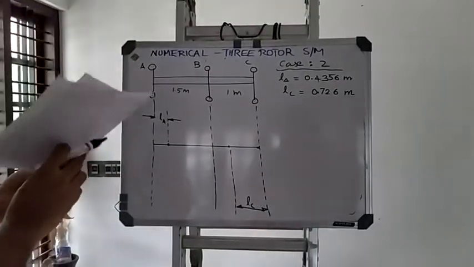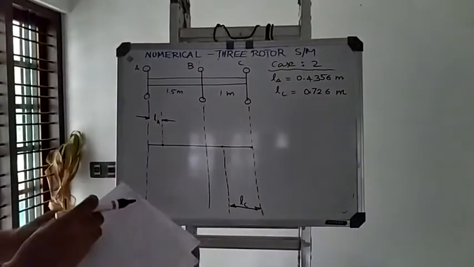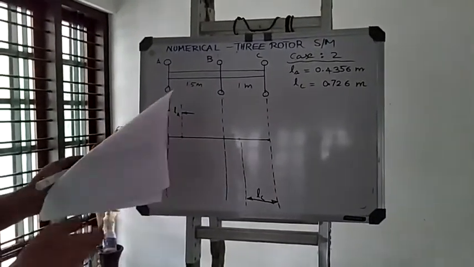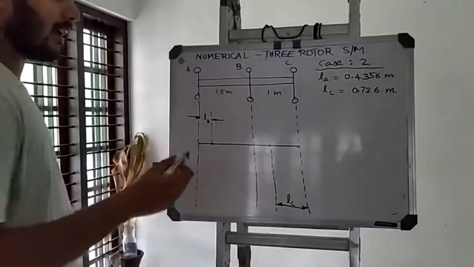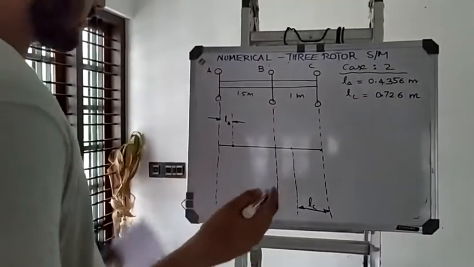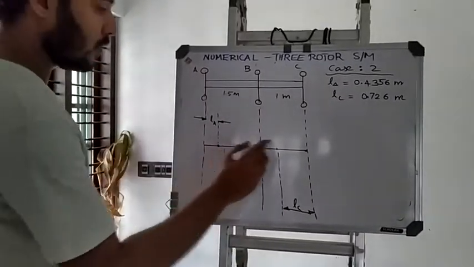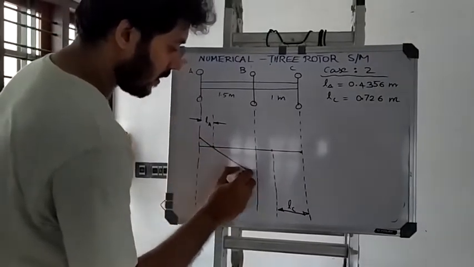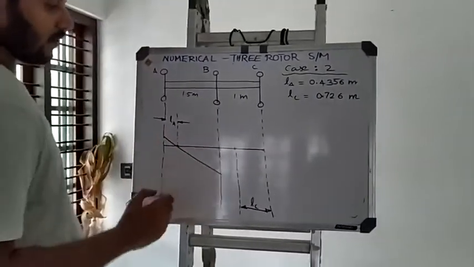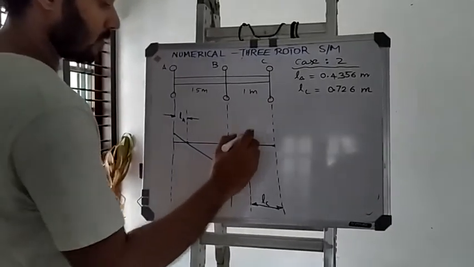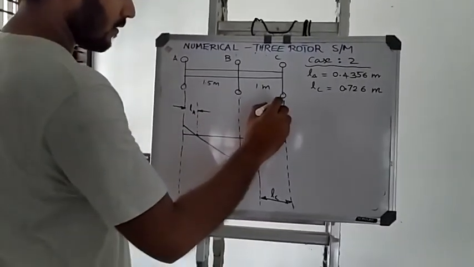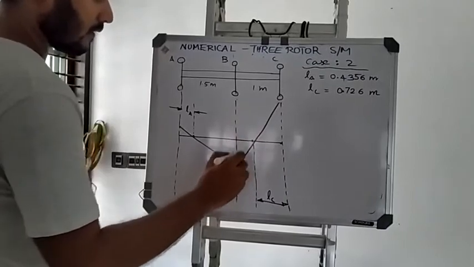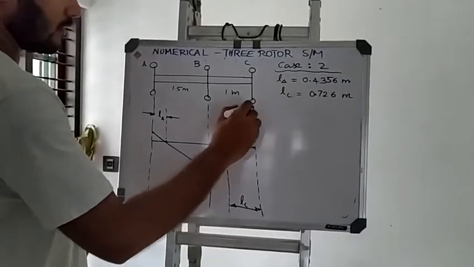That means if you take this set of values for LA and LC, we are obtaining the nodal figure as a two-node system. The system can be represented somewhat like this. One node is occurring here, the other node should pass through this section.